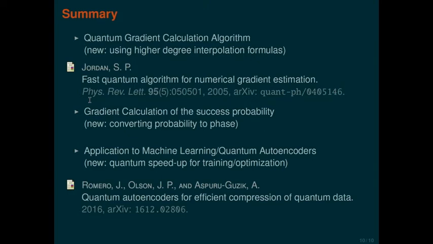And the new ingredient here is the quantum speedup for training optimization, which might be helpful in the future when we actually have many parameters. Well, one of the basic obstacles in machine learning is that your models have a large number of parameters, and to train it, that's usually the bottleneck. So one can imagine that if we have large quantum computers, we can train these quantum models more efficiently.